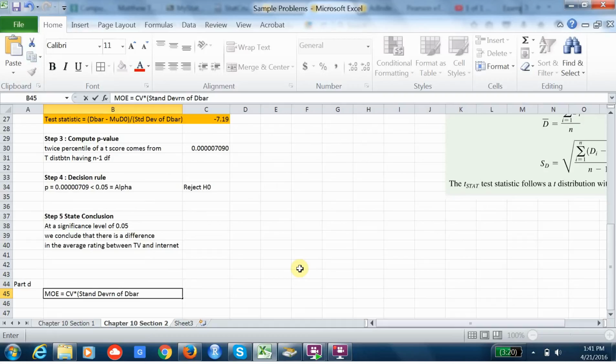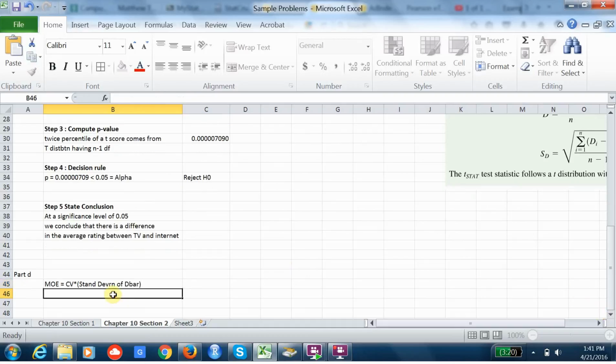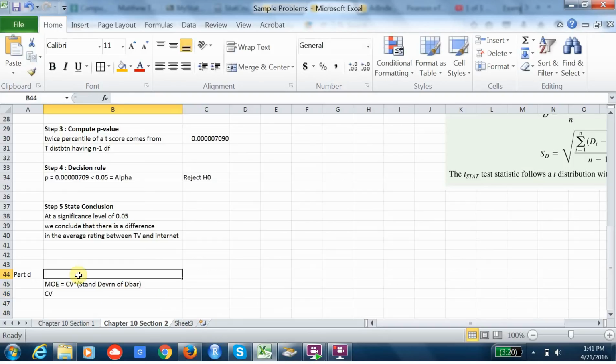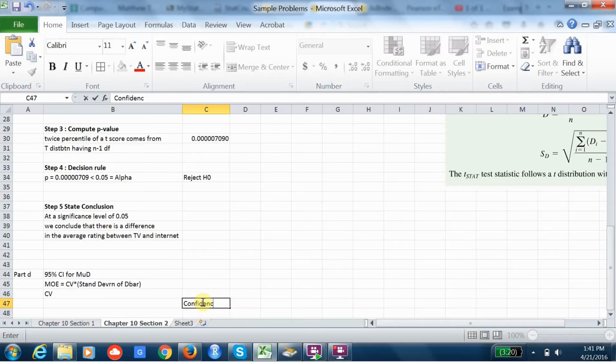It's always the standard deviation of our estimator. How do we find the critical value? Well, first we need the confidence. Remember, we're doing a 95% confidence interval for mu d. So the first thing I need is the confidence, which is 0.95. And then I need alpha, which is going to be 1 minus the confidence.